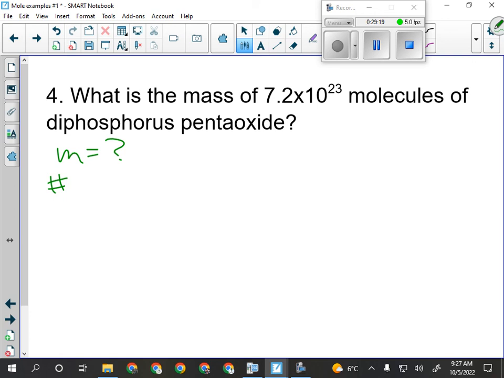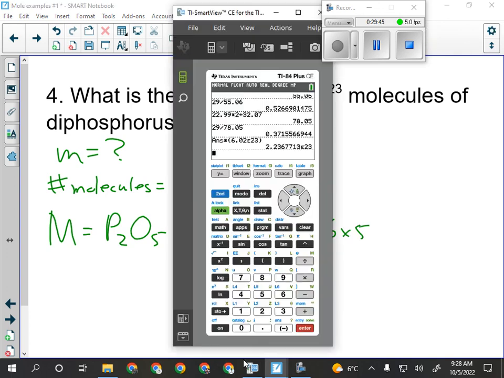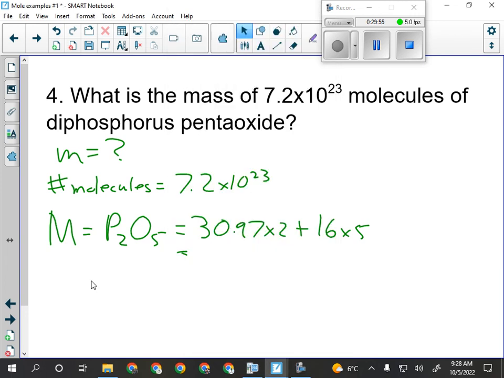They tell us the number of molecules is 7.2 times 10 to the 23, and that it is diphosphorus pentaoxide, which would be 30.97 times 2 plus 16 times 5. So we're looking at 141.94.